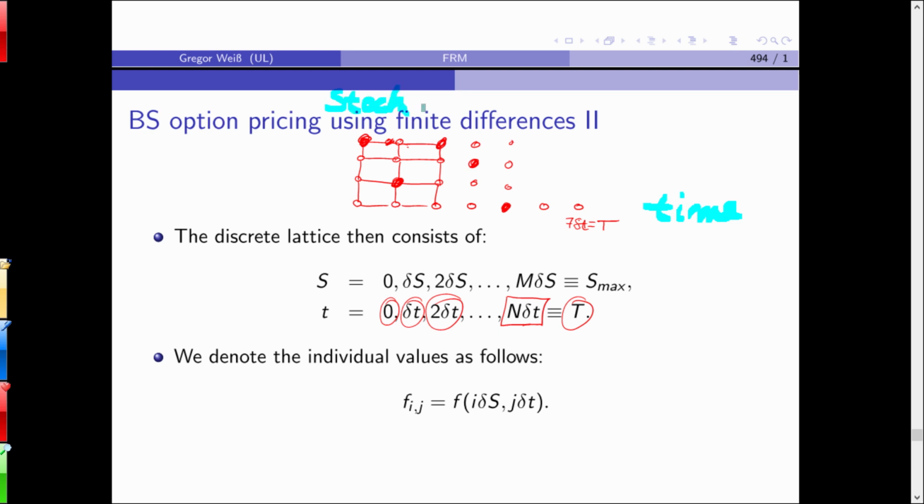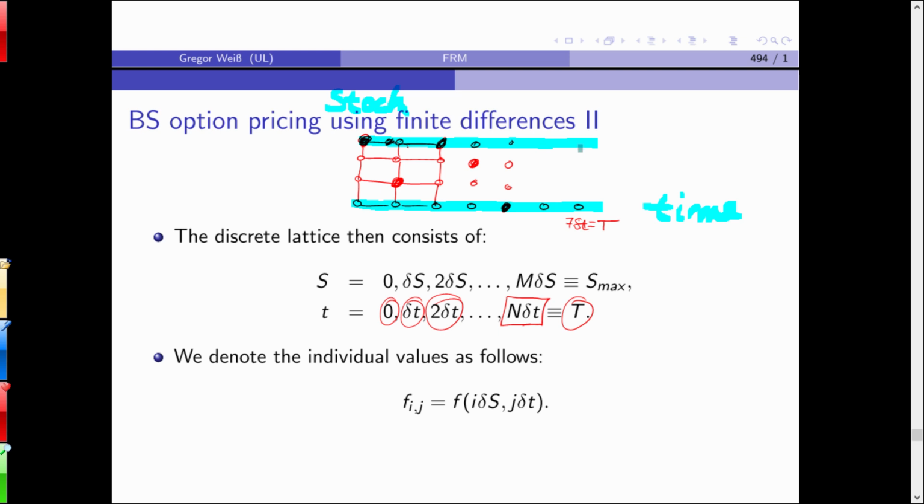Now, which points do we know? We know this, because this means that the stock price is 0, and that's the best case scenario for the put. We know this, that's the stock price taking on its maximum value, and that's, for us as a derivative investor, worst case, the option price will be 0.